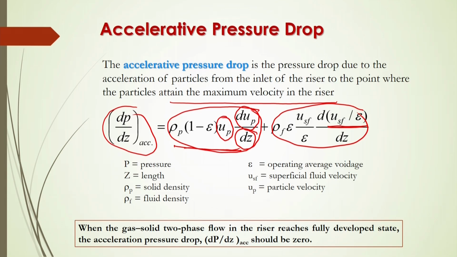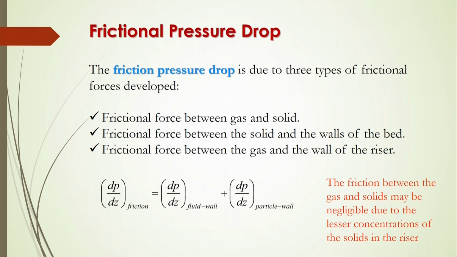So, for the fully developed state of the fluidized bed, the accelerative pressure drop will be neglected. And what about the frictional pressure drop? The frictional pressure drop is due to the friction between phases and the friction with the wall of the fluidized bed.